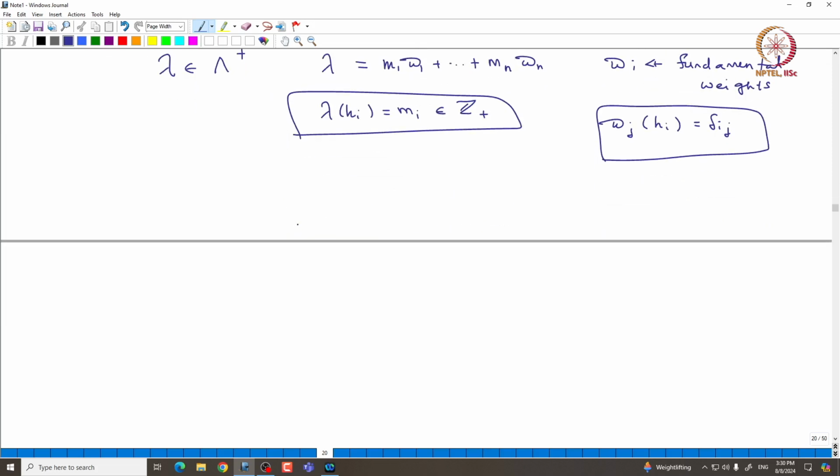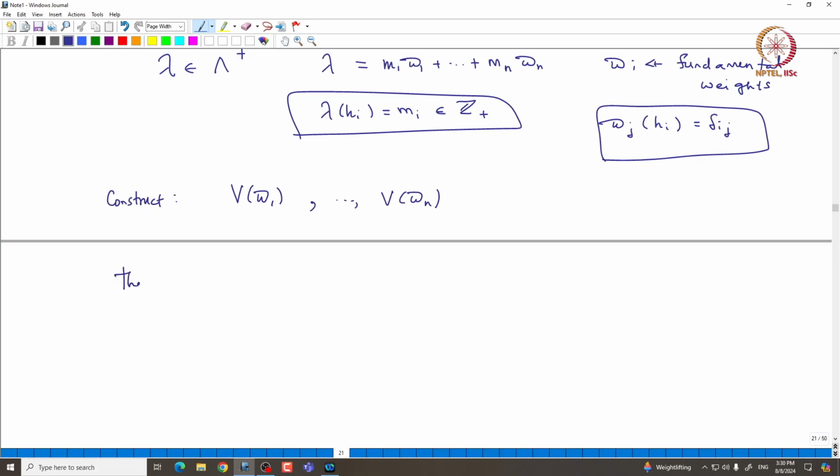This tells you that if you are interested in constructing V lambda that corresponds to lambda, then it is enough to construct the fundamental representations, which are nothing but V omega 1, etc., V omega n. Let us say we have constructed V omega 1, etc., V omega n. This will be the first step.